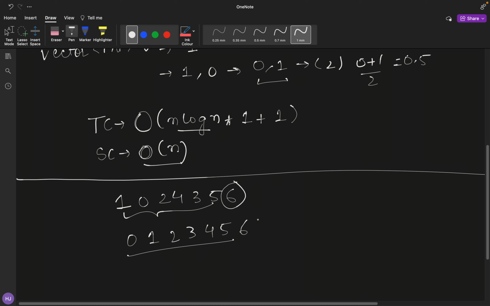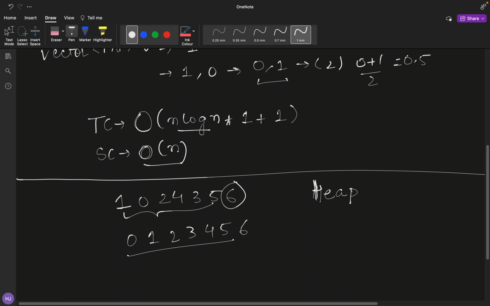So at this point we can think of using a heap, because in a heap we can store our elements either in increasing order or in decreasing order.